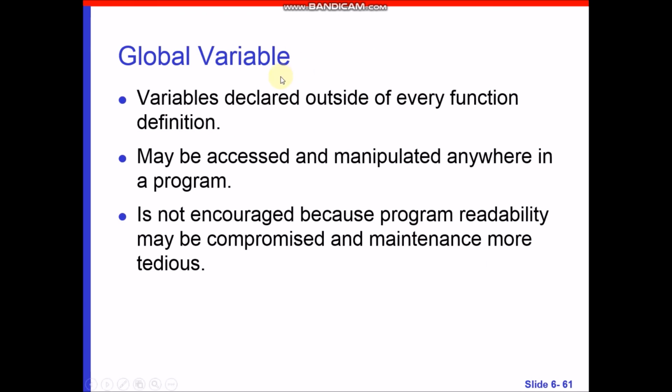So what is global variables? So a global variable is a variable that we declare outside of every function definition. And this global variable can be accessed and manipulated anywhere in a program, which means it can be accessed within the main function and also the other functions. And global variables are not encouraged because program readability may be compromised and maintenance more tedious, because it will affect all of your programming.